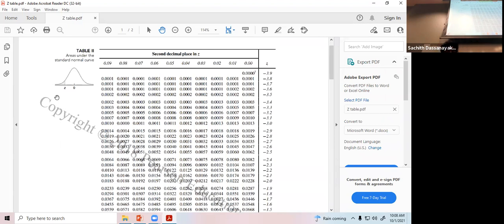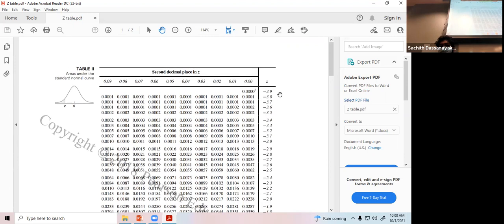Based on the Z value you can find the particular value, in the last column. In this table all Z values are negative, but you don't have to worry. Less than negative 3.9, it's like 0, so you don't have to worry about that.